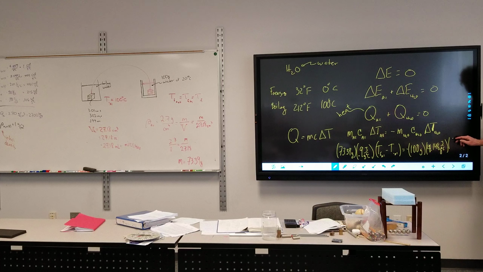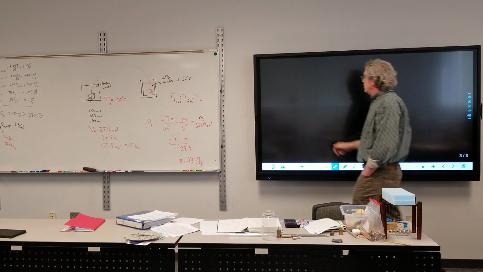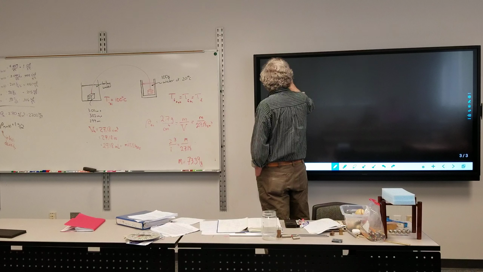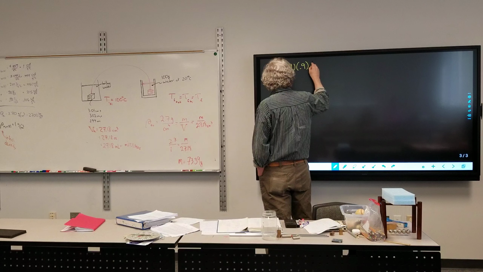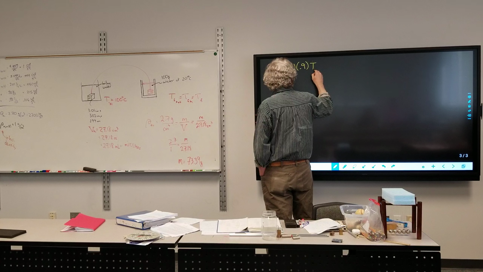Times change in temperature of the water, which is the final temperature of the water minus the initial temperature of the water. Got that crammed in there. I'm going to rewrite this on the next page. So I have 73.39, the mass. Specific heat was 0.9 times T final of the aluminum minus 100.